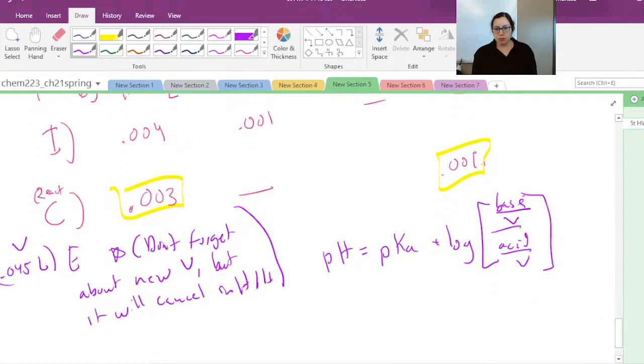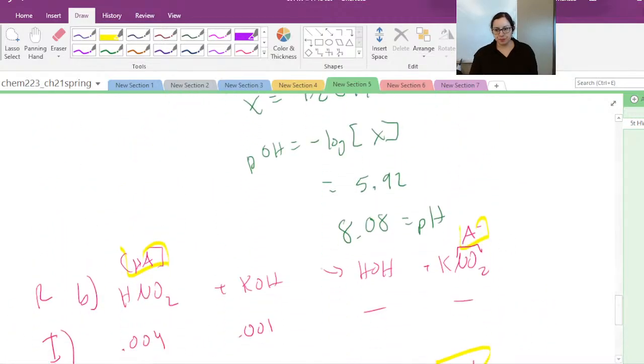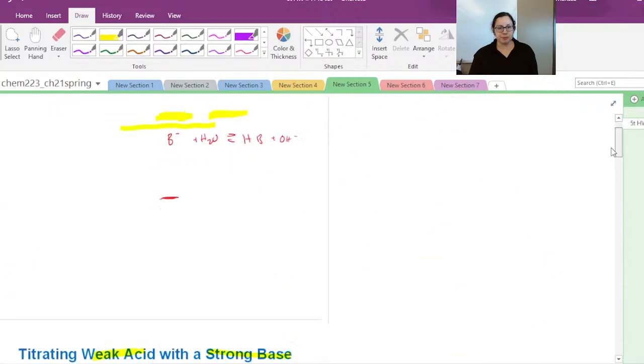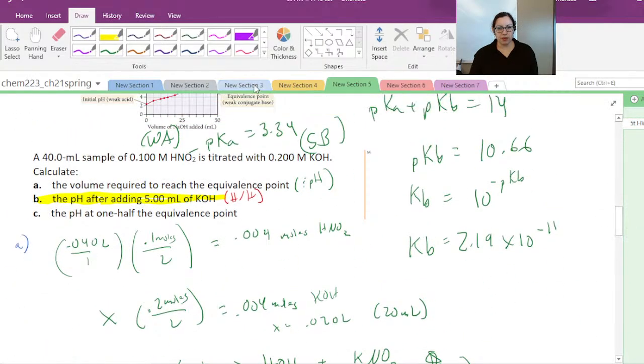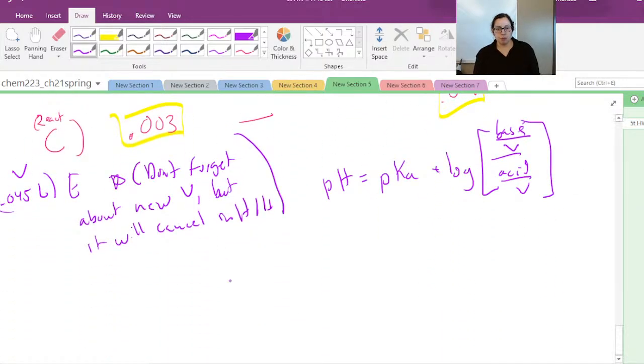All right, so now we can just plug these values into Henderson-Hasselbalch. And oh yeah, we got the pKa of our nitrous acid earlier, so 3.34. So now we're ready to plug this in.